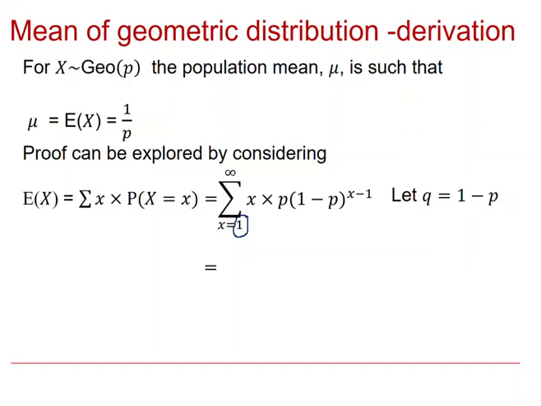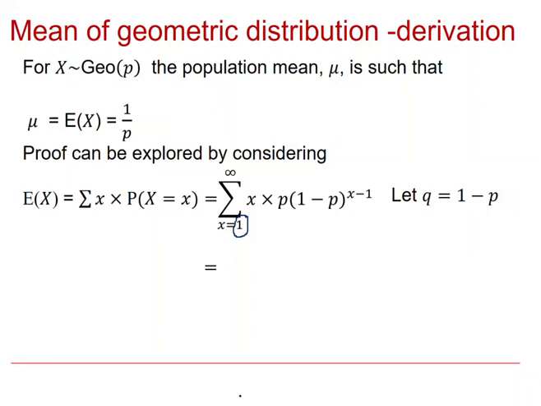The trick, if you like, to make this much easier than it would be otherwise is to let q equal 1 minus p, and I think you've probably been quite familiar with that idea from the binomial distribution.